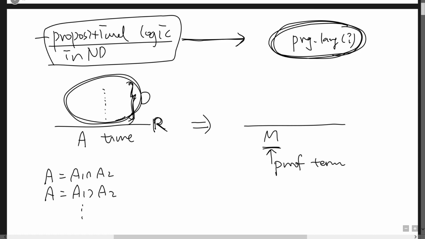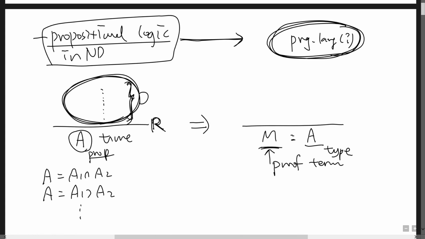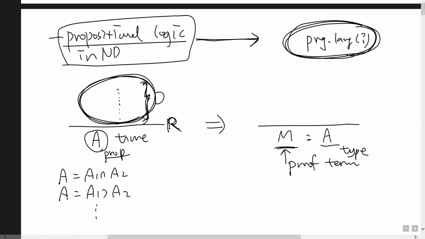So the whole derivation tree, the whole proof, is now represented as a single proof term. And this proof term will be assigned the same type A. So a proposition in this logic is now used as a type. And then by convention, we assign the same name to this inference rule.